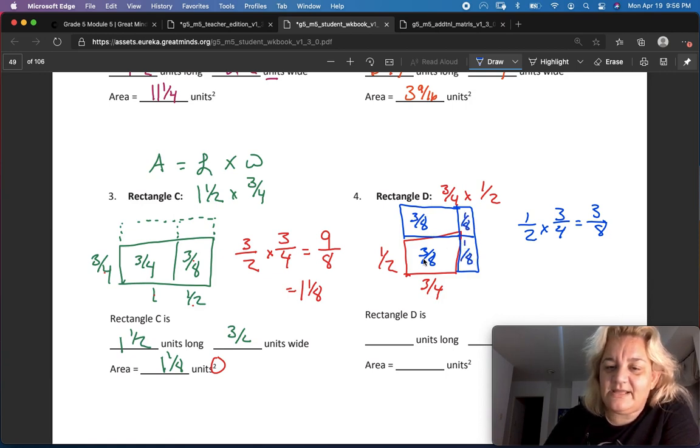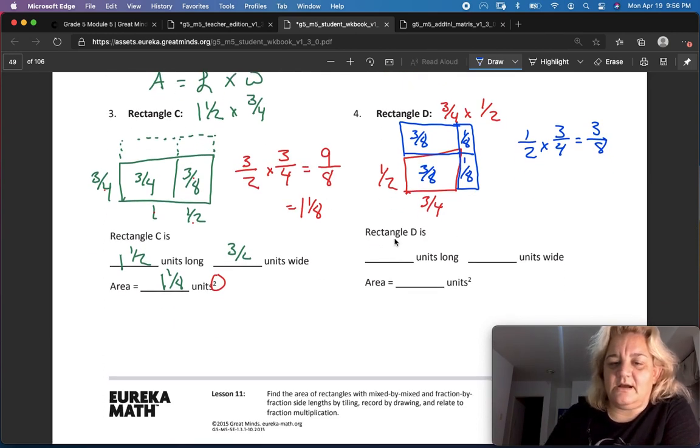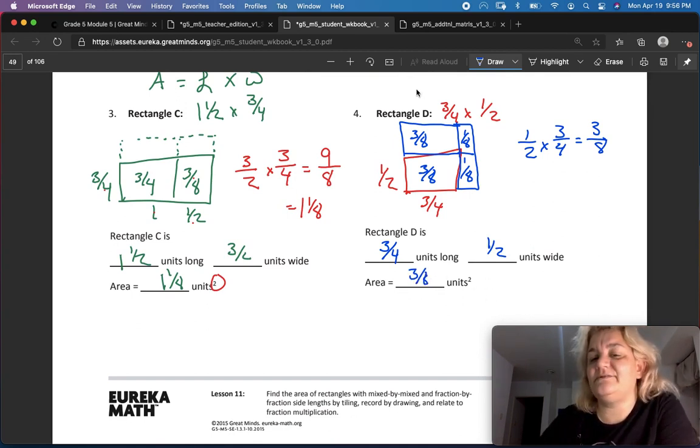And then 3 plus 3 is 6, plus 1 is 7, plus 1 is 8. 8/8 is a whole. But we are only finding the area of the small red section. So our rectangle D is 3/4 units long and 1/2 units wide, and the area is 3/8 units squared. And there's no distributive property there. We're just multiplying.